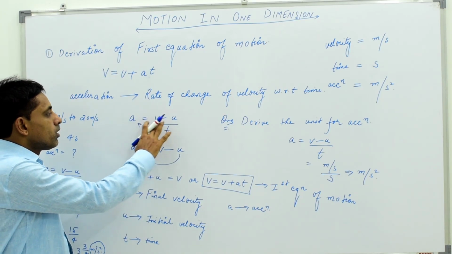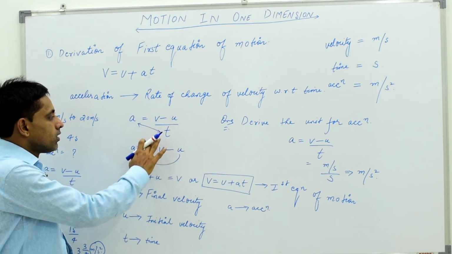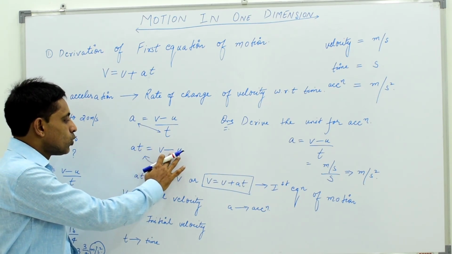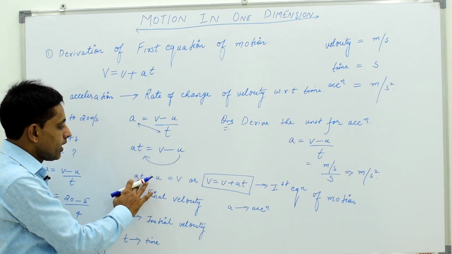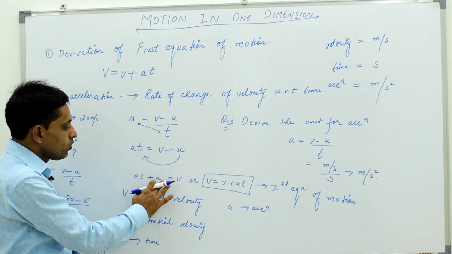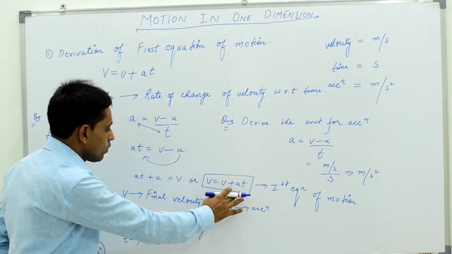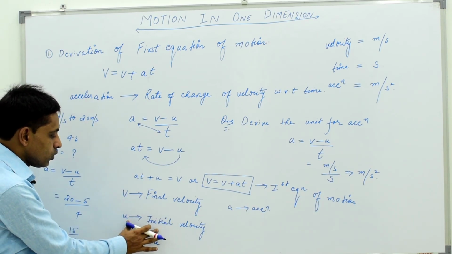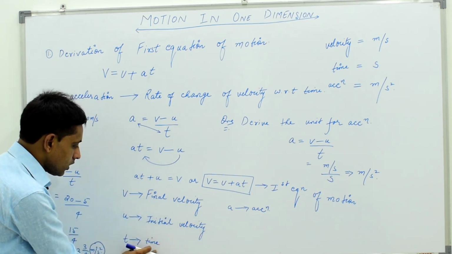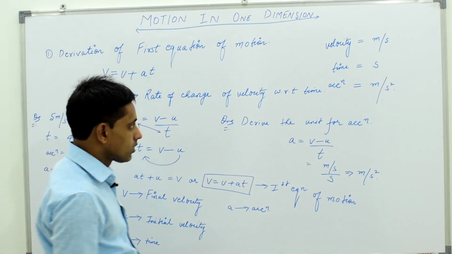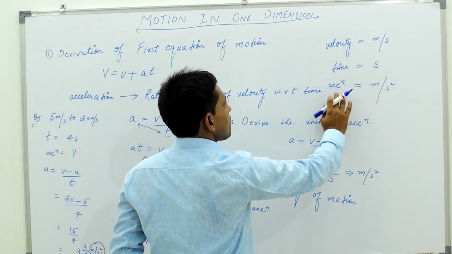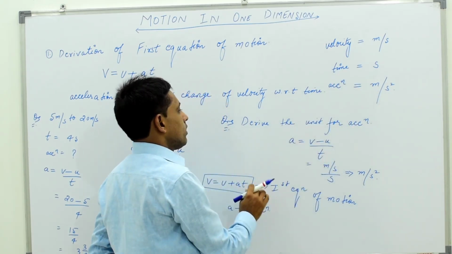A is equal to V minus U over T, cross multiply A into T. AT is equal to V minus U. So it will become AT plus U is equal to V, or V is equal to U plus AT. V is the final velocity, U is the initial velocity, T is the time. Look at the unit: velocity meter per second, time seconds, acceleration meter per second square.